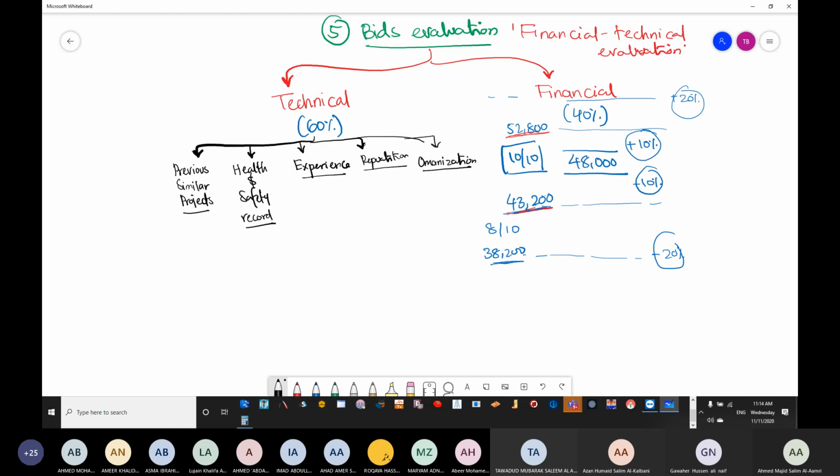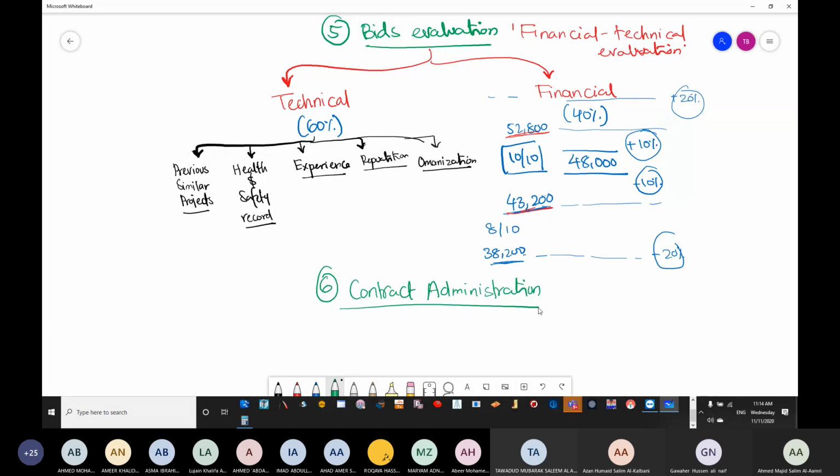Now after we have finished the bids evaluation, we are going to go for what we call contract administration. And I'm going to stop here because I have stopped with the other section here.